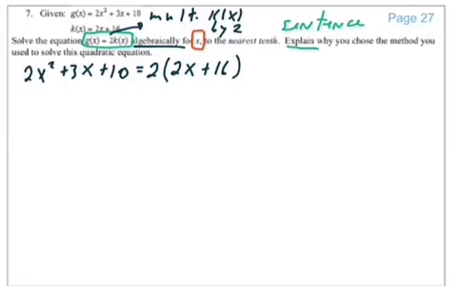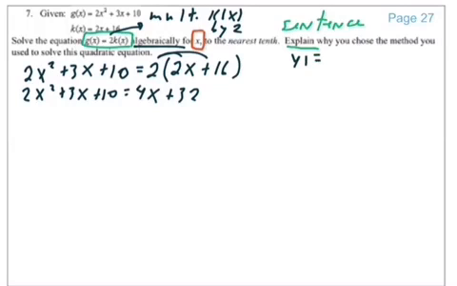Once you have that down, now you're going to distribute. So you get 2x squared plus 3x plus 10 equals 4x plus 32. Now, before we continue to solve this algebraically, I do want you to go back and get the solutions from your calculator first. So in y1, you're going to be typing in 2x squared plus 3x plus 10.